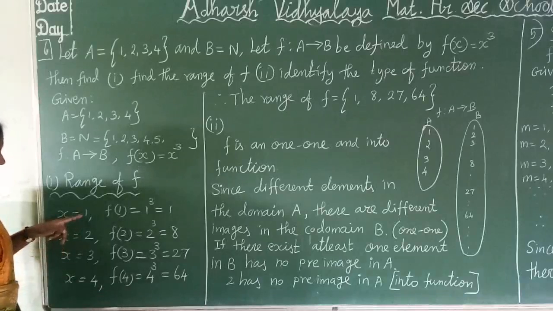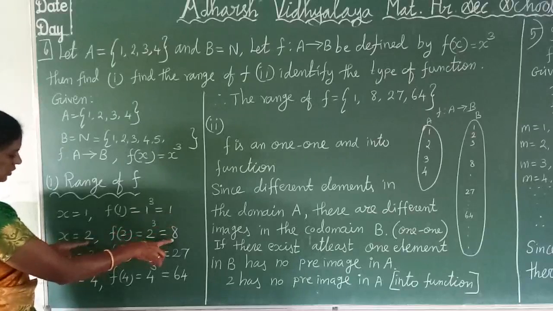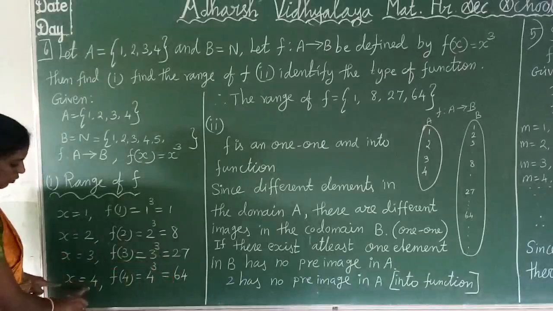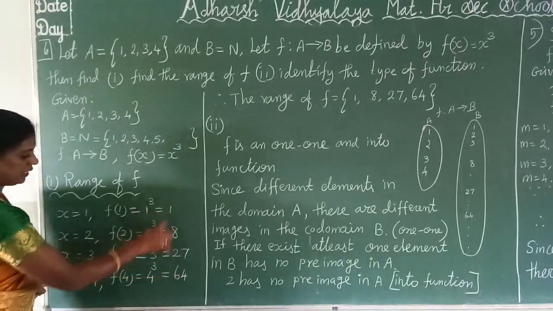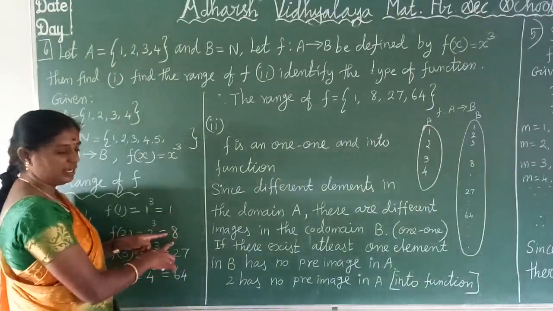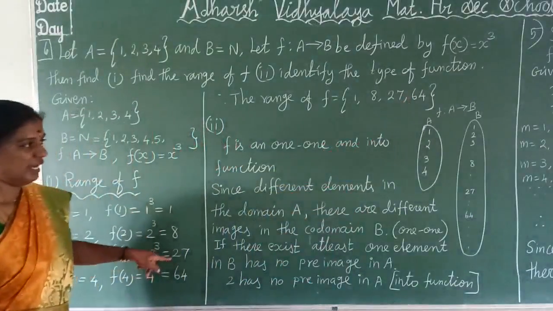So x equal to 1 gives f of x equal to 1. x equal to 2, f of x is 8. x equal to 3, f of x is 27. x equal to 4, f of x is 64. Therefore, the range of f is {1, 8, 27, 64}. That is the answer.